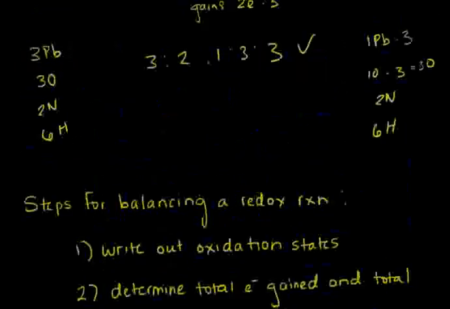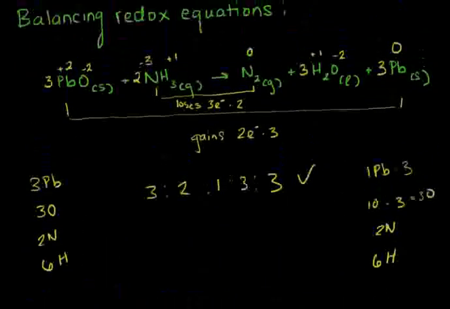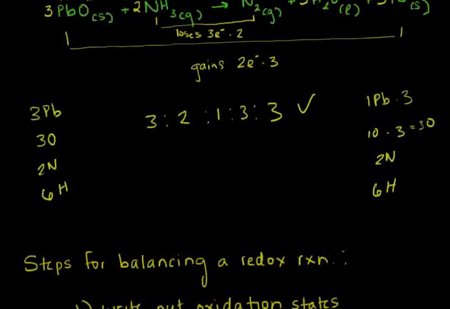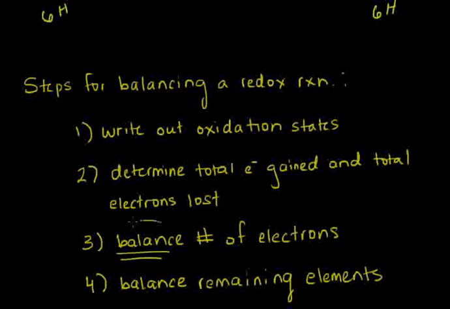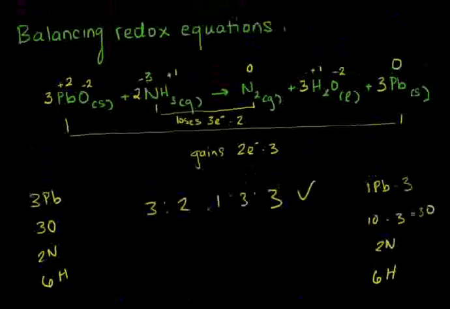So we're going to do so by looking at changes in oxidation states. So we noticed here that lead changed from +2 to 0, nitrogen from -3 to 0, etc., etc. And we can use that to figure out the total number of electrons gained and electrons lost. Of course, next thing we have to do is balance the number of electrons gained and lost, because as I said, we can't just invent electrons on either side of the equation.